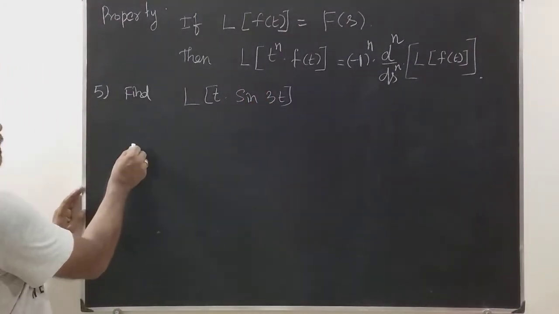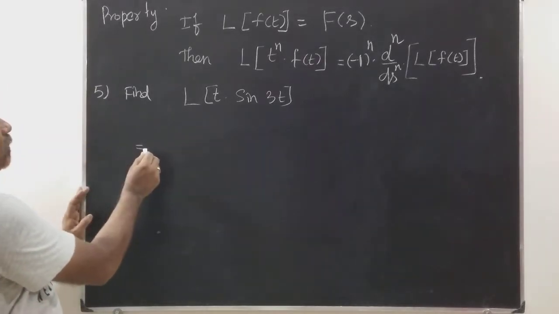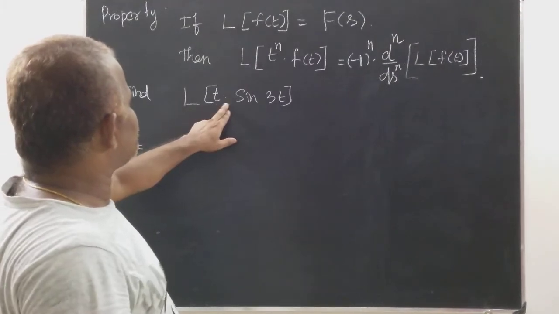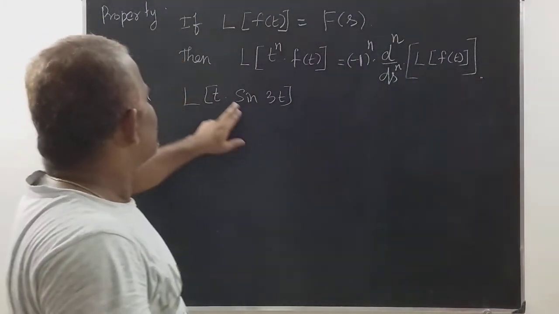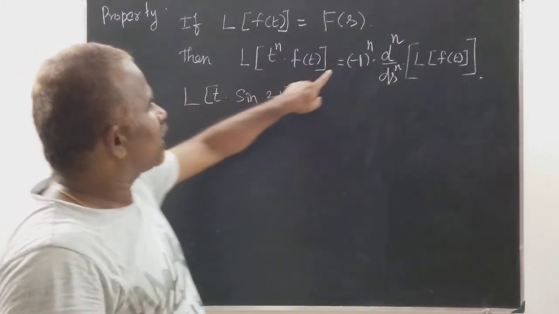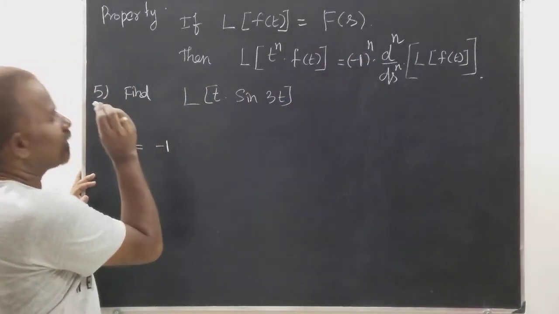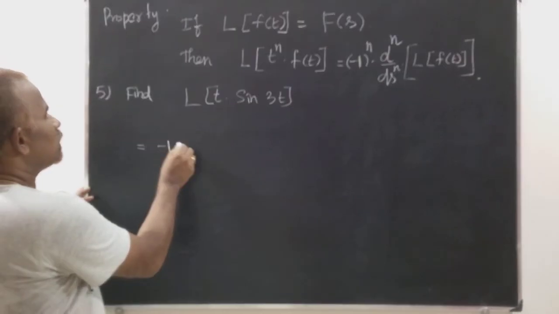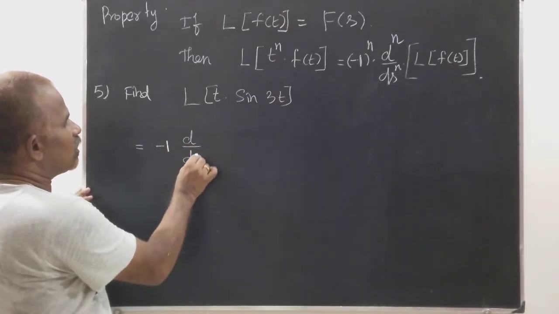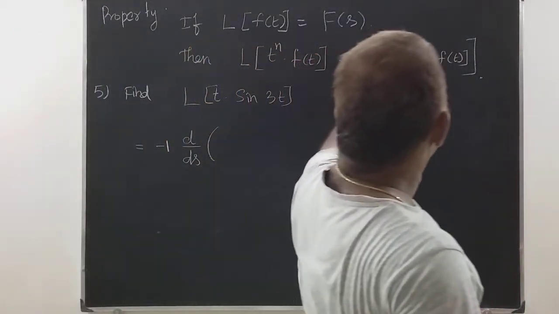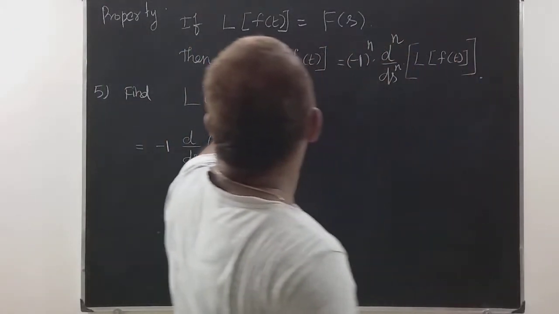So by using the formula, the Laplace transformation of t into sin 3t is equal to, because t power 1 is there, minus 1 power 1, that is minus 1, into d by ds of the Laplace transformation of f of t.